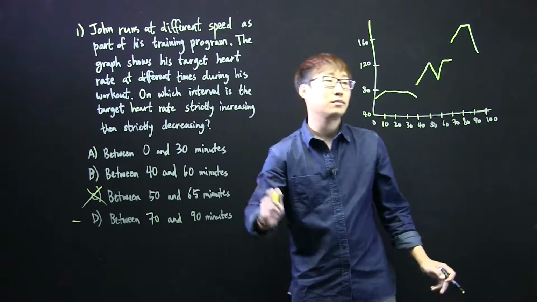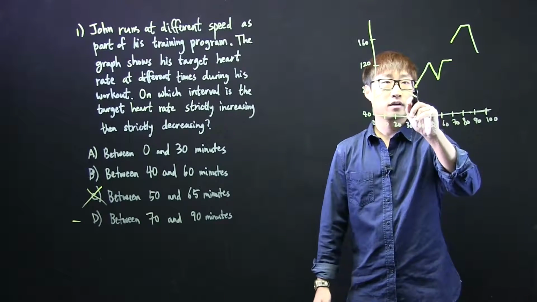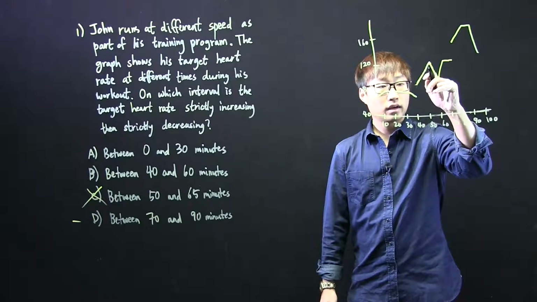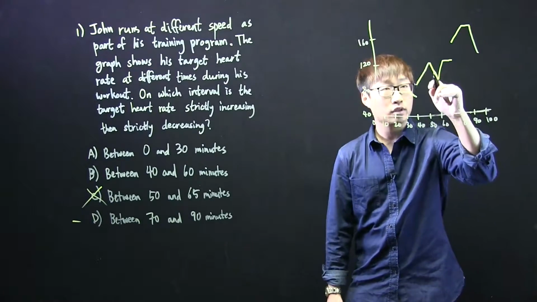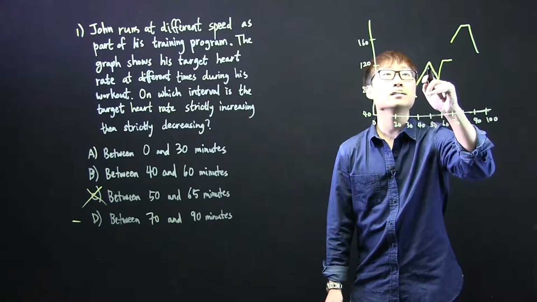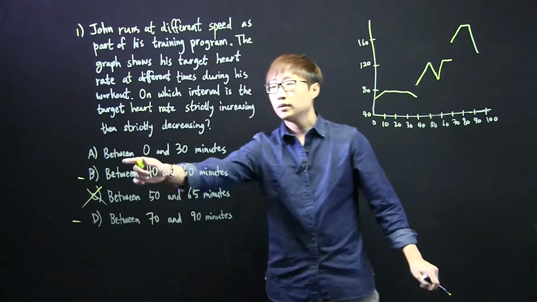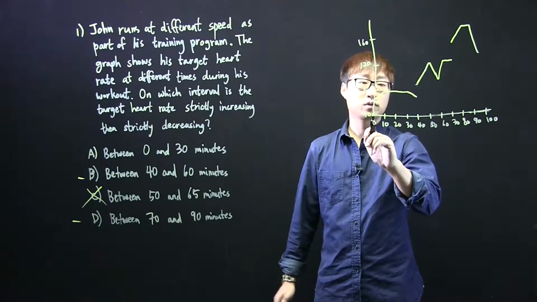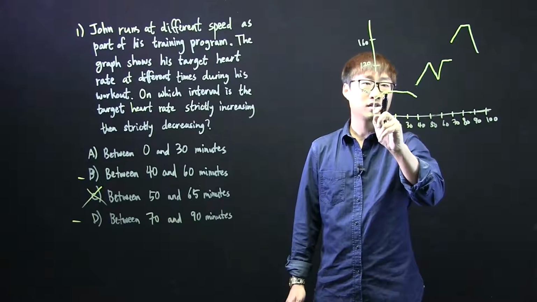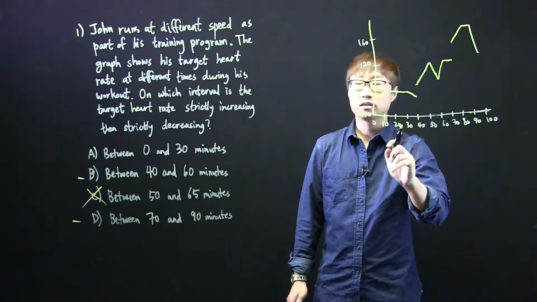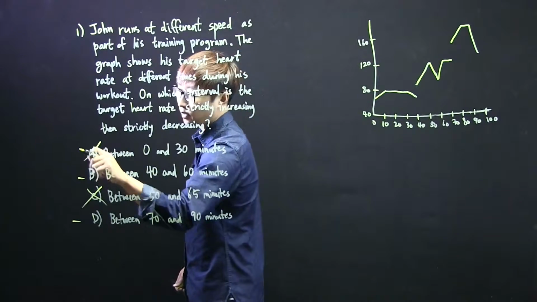Between 40 and 60 minutes. So 40 is right here. Oh, it goes all the way up. And then 60 is over here. Oh, it goes all the way down. Okay, so it increases and decreases. So I like that too. Between 0 and 30, 0 is over here, 30 is over here. It goes up a little bit and just stays there until 30. So I don't really like that.